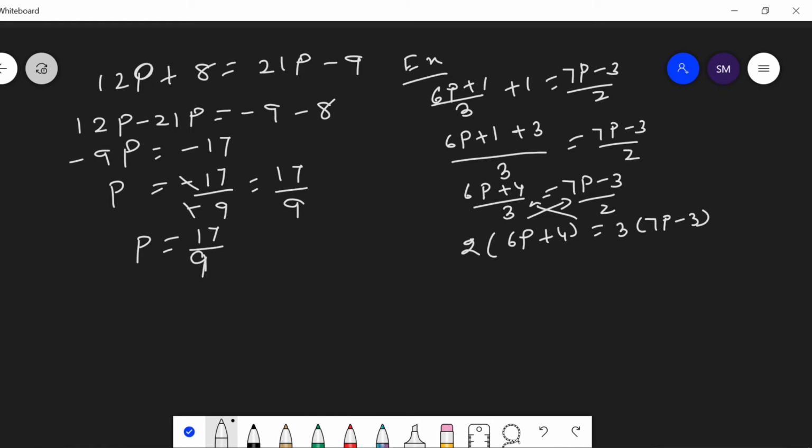Then let us check. How can we check this? We put the value of p in LHS, and because here in the RHS also there is the variable p, put the value of p in RHS. When we get LHS is equal to RHS, then can we say that the answer is checked, meaning our answer is right. The value of the variable we get is correct.